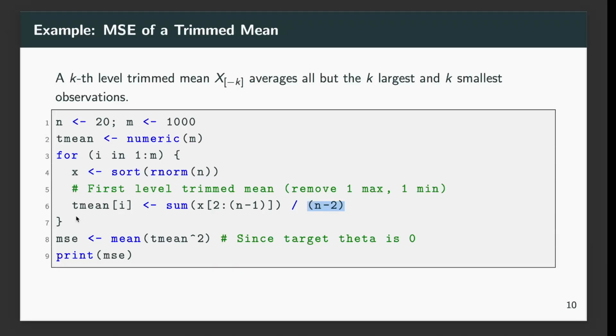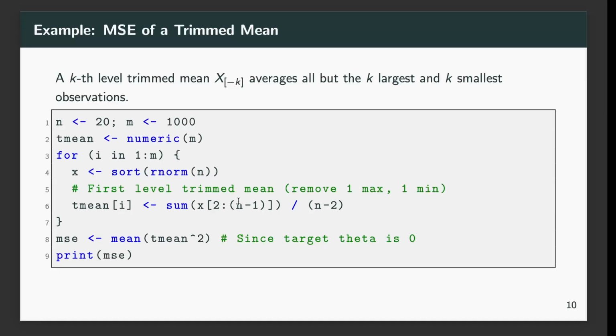Then we run this 1000 times, and at the end we have our MSE, which is computed by the mean of t mean squared. Then we can look at the MSE. If you run this code, you will find that the MSE of the first level trim mean is very close to 1 over 18, which is the theoretical variance of the mean of 18 standard normals.